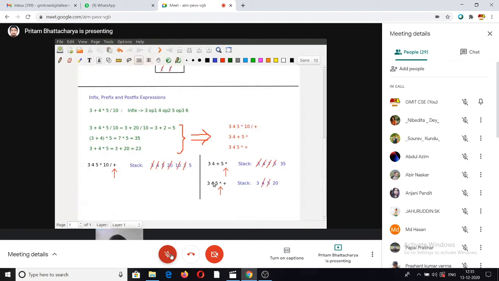Then as soon as you move one more step, you hit another operator. Now the two elements at the top of the stack are this 20 and 3, so you apply the plus operator on these two operands, and you get 23, which is the final answer. Right.